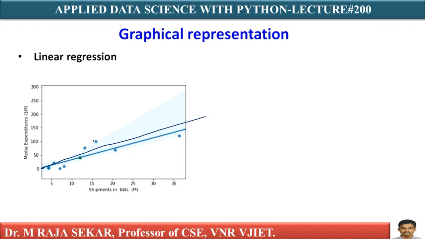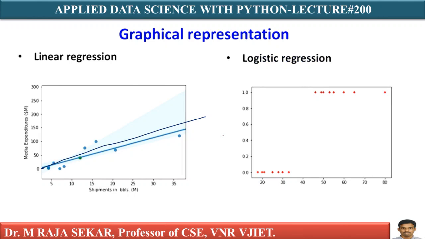But in logistic regression, the value of y can be only two possibilities, 0 or 1. We will get this kind of relationship. This is 1, this one is 0. There are only two possibilities, binary outcomes.